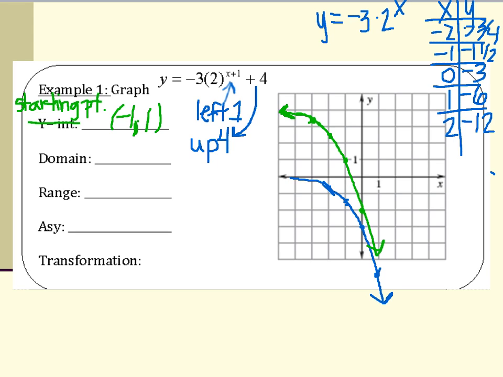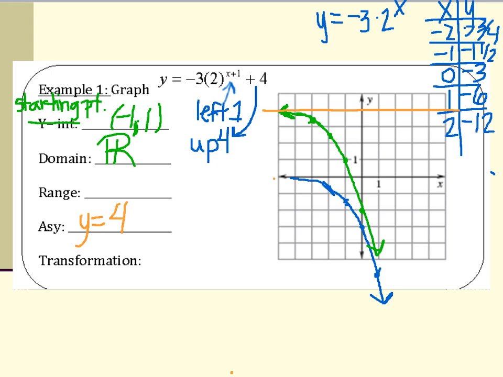My domain, just like all of these, is all real numbers because I could put any value in for x and I'd get an answer out. My range, well, let's first look and see what happened to our asymptote. Our asymptote was here, but it went up 4. So up 4 would move our asymptote right up here. So our asymptote is now the line y equals 4.